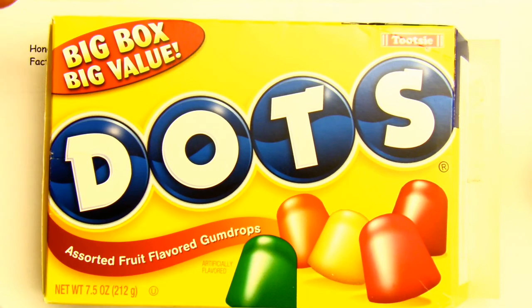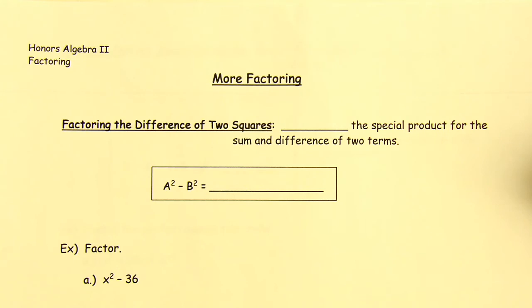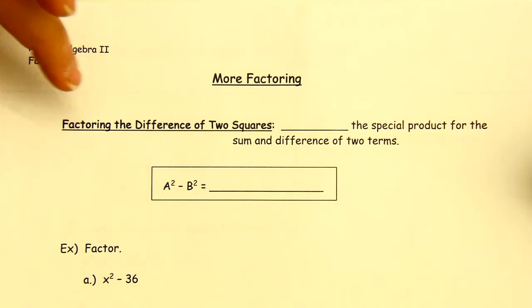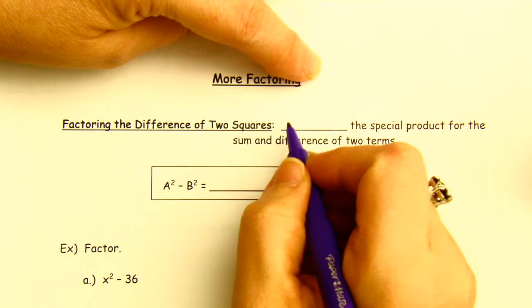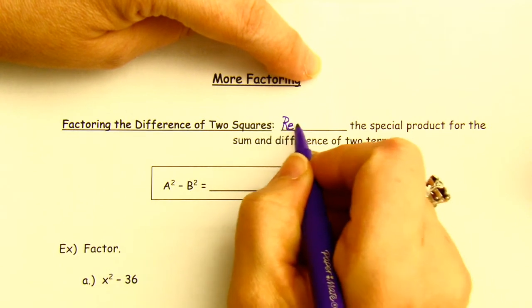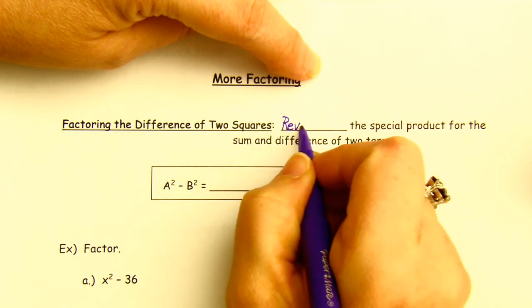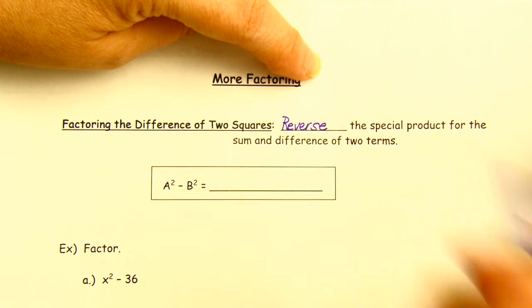So that would not be a candy that I would be interested in. So whatever it takes to help you remember that the difference of two squares will always factor, but never the sum.